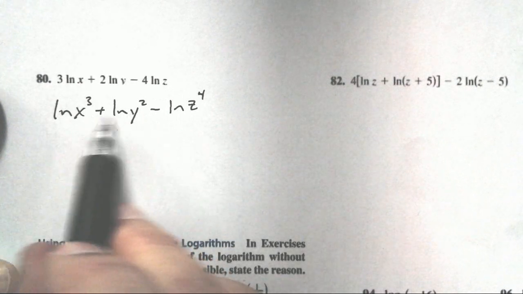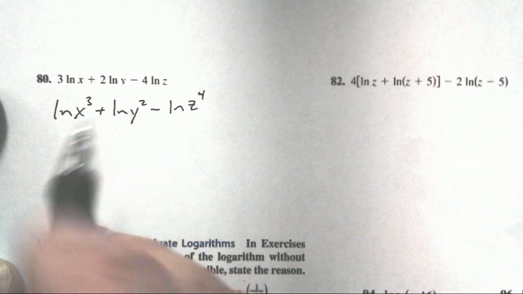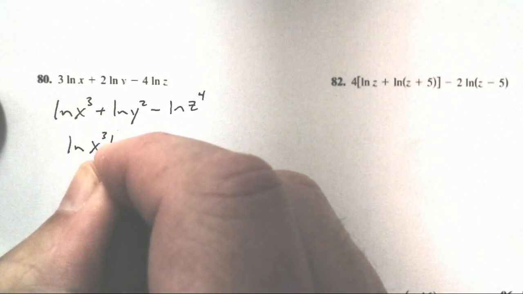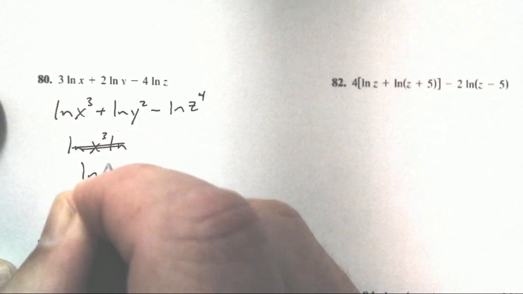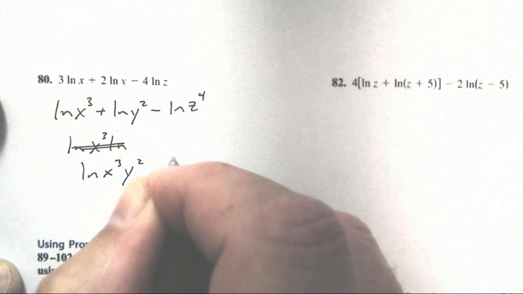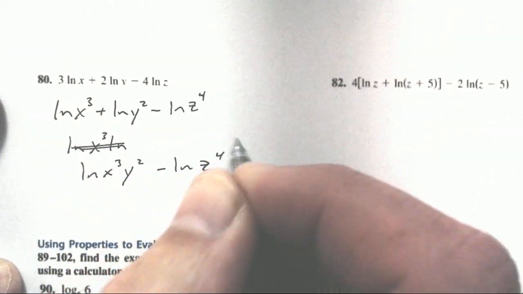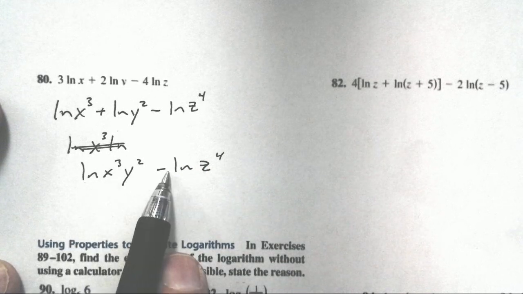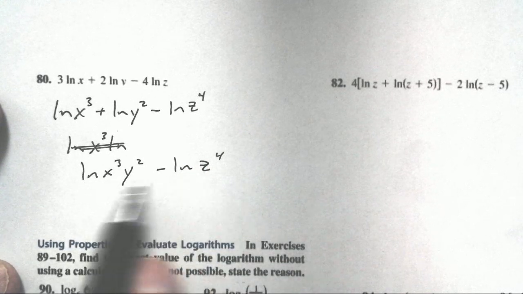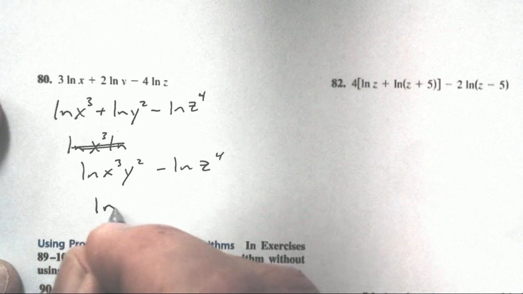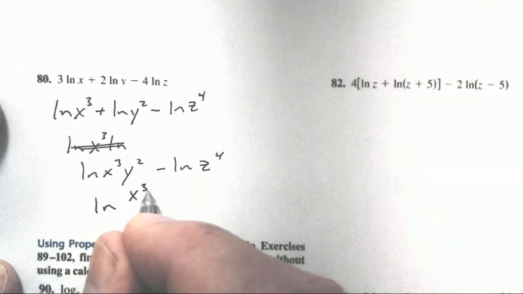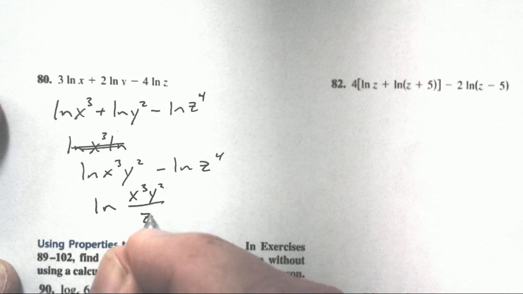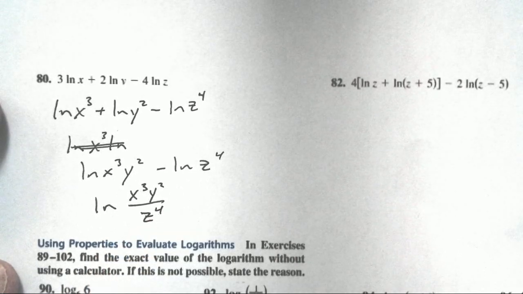Rule 1, I can smash the plus together as a product: ln of x cubed y squared, minus ln z to the 4th. And rule 2, when I have ln minus an ln, I can smash those together as a single ln of a quotient. And that's it.